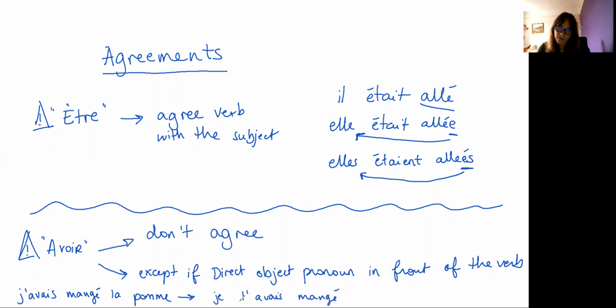Here the L apostrophe is the it. It replaces la pomme, the apple, and goes in front because, as you've learned in your pronoun lesson, the object pronoun always comes in front of the verb. So je l'avais mangée, talking about la pomme, you're going to add an e here because we are agreeing the verb with the direct object in that particular case.